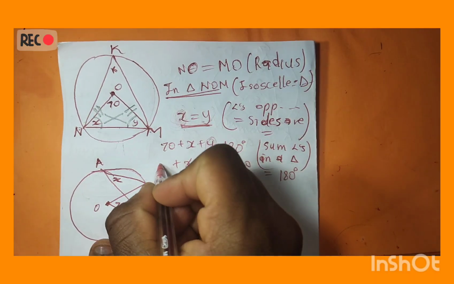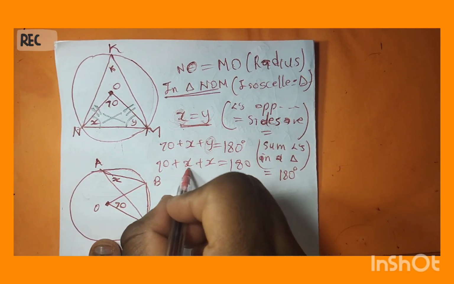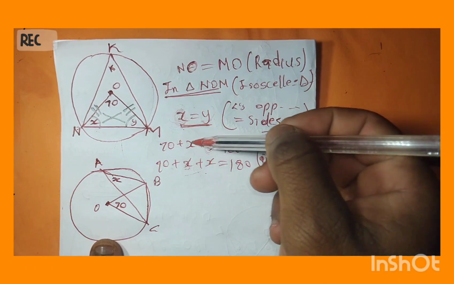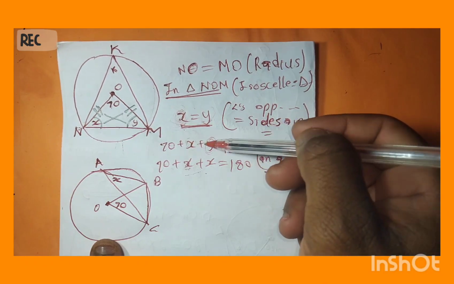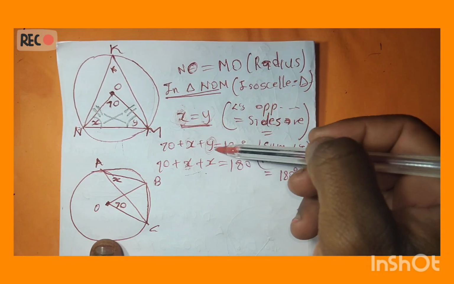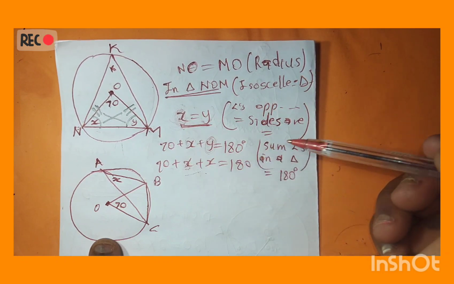The reason I put x is because I want to have only one unknown value, which is x. Before, I had two unknown values, x and y, but now where there is y, I have put x, so I will only have x as my unknown value.